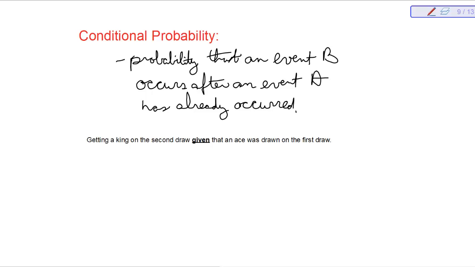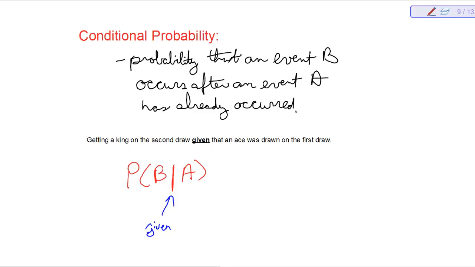When we're talking about this conditional probability, this is the probability of getting event B, and this line right here refers to the given. So event B given that A has already occurred. And that is the notation for conditional probability.